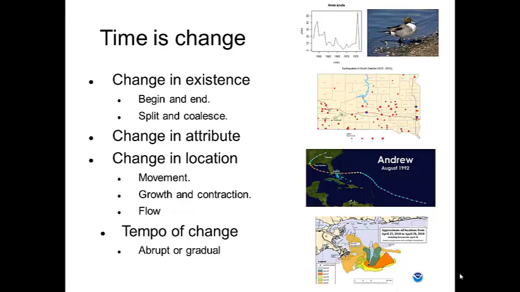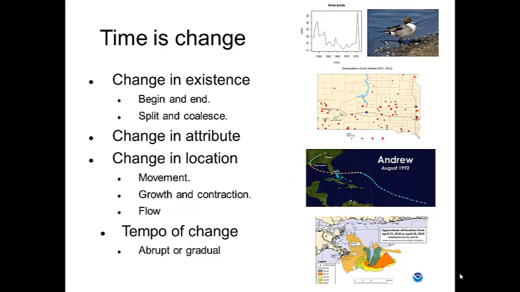My children are a product of me and my wife, and things like that. Species evolve through time. As lake levels go down, a lake splits from one lake into two lakes. So things not only begin and end, they can split apart, they can merge together.